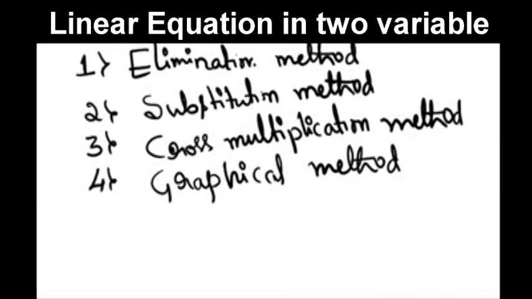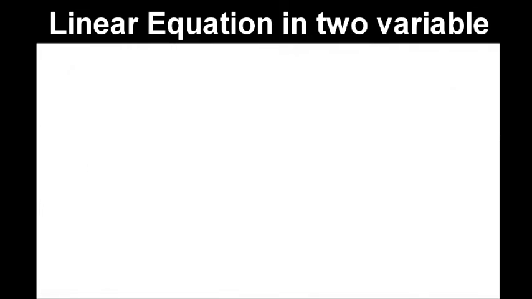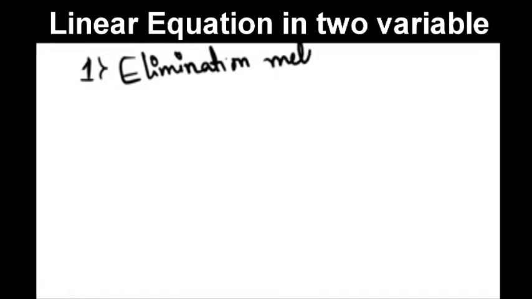So today we will discuss the first method, the elimination method. It is the easiest method to solve linear equations. For example, I purchased 3 mango and 4 apple and I paid 40 rupees.